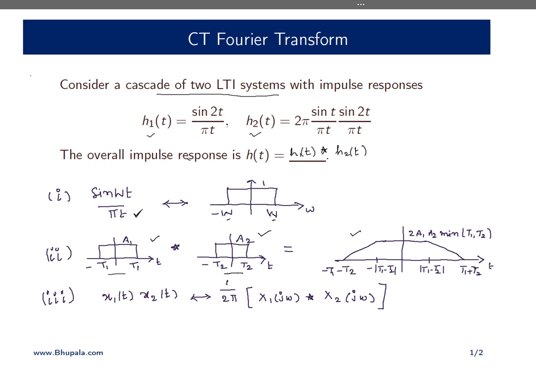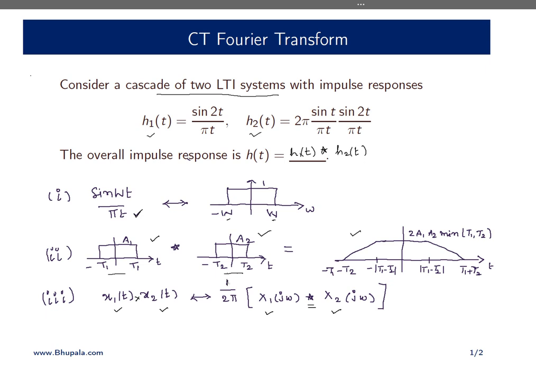Apart from that, we will use the third result, which is the convolution in frequency domain property, which says that for two signals x1 of t with Fourier transform X1 of j omega and x2 of t with Fourier transform X2 of j omega, the product of these two signals in time domain results in convolution of the corresponding Fourier transforms.